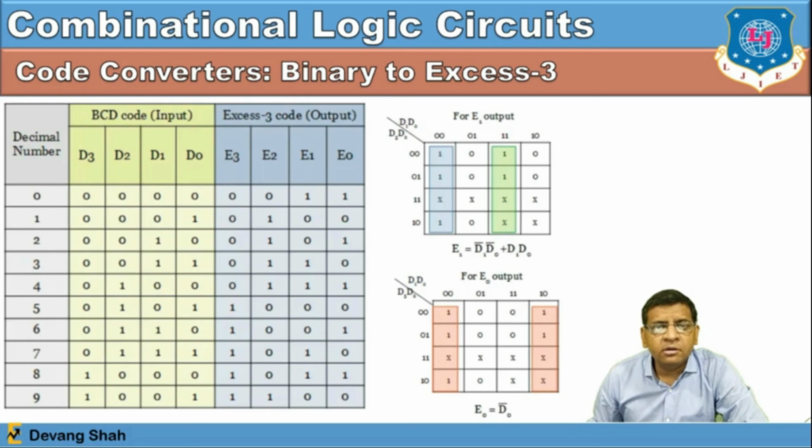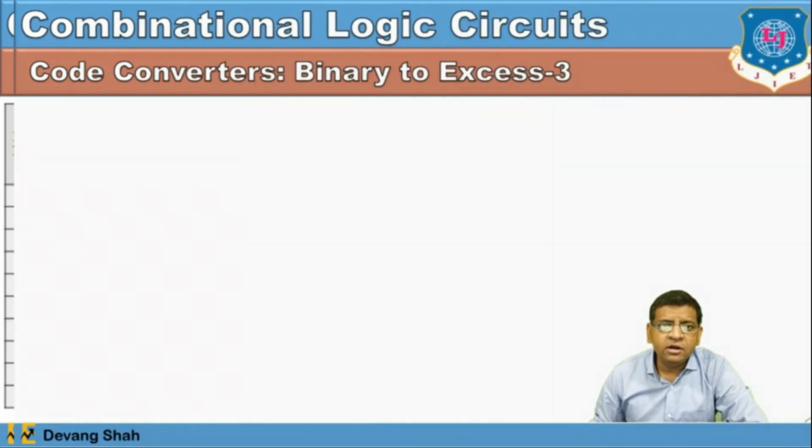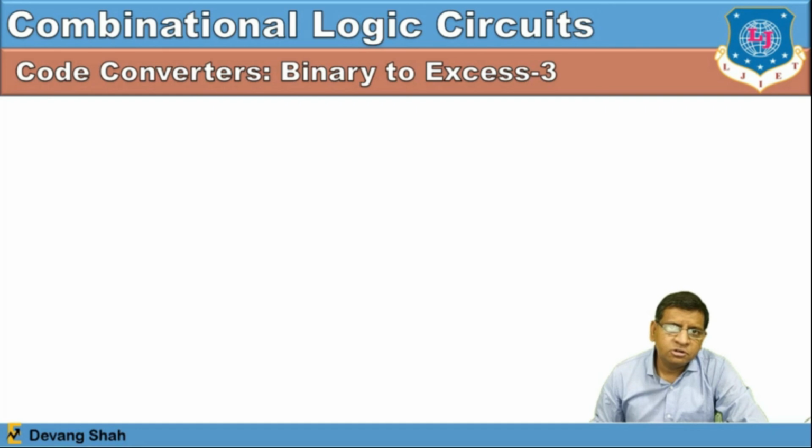Same, you can observe E0. That E0 is nothing but D0 bar, so it only has the NOT gate. So by using basic gates, AND gate, OR gate and NOT gate, you can make a design that will convert a binary number into excess 3, right?